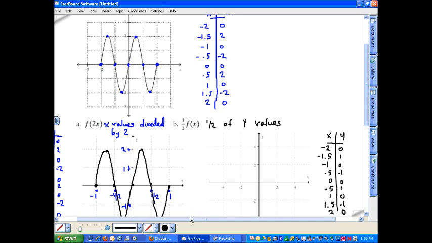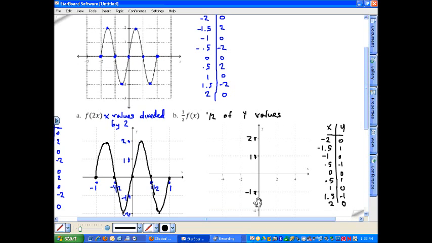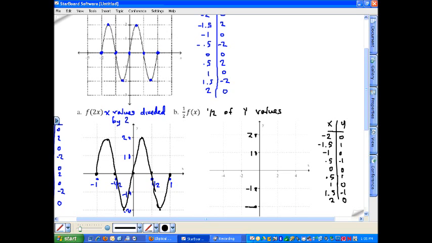And I'm going to change the scale again. It's supposed to be 1, 2, -1, and -2. I'm going to change this to -1, and -2, +1, +2.